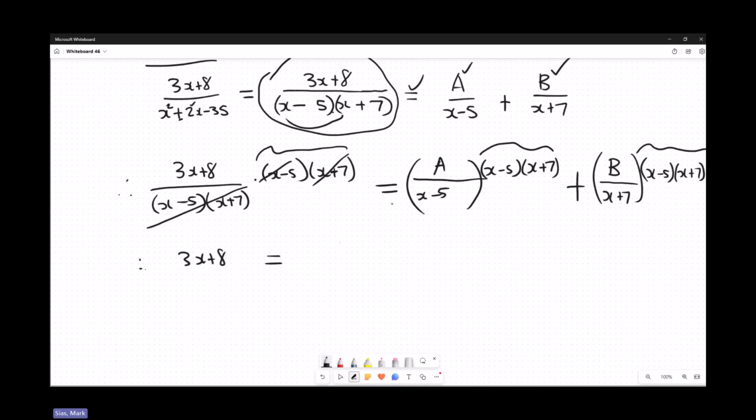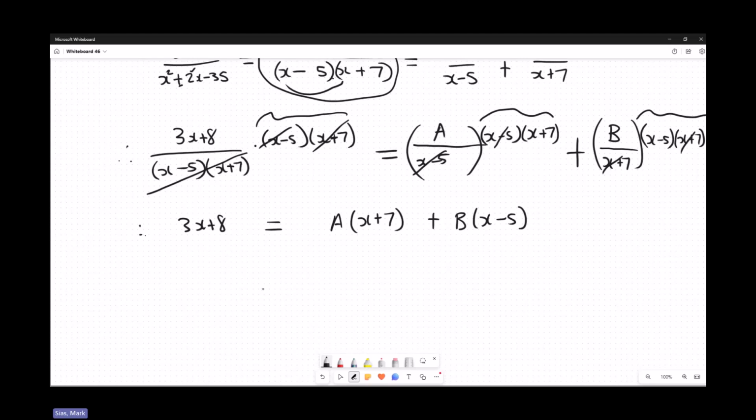On the right-hand side, I've got a cancellation with x minus 5, and a times x plus 7 remains there. Plus, for this term here, there's a cancellation with x plus 7, and I remain with b times x minus 5.